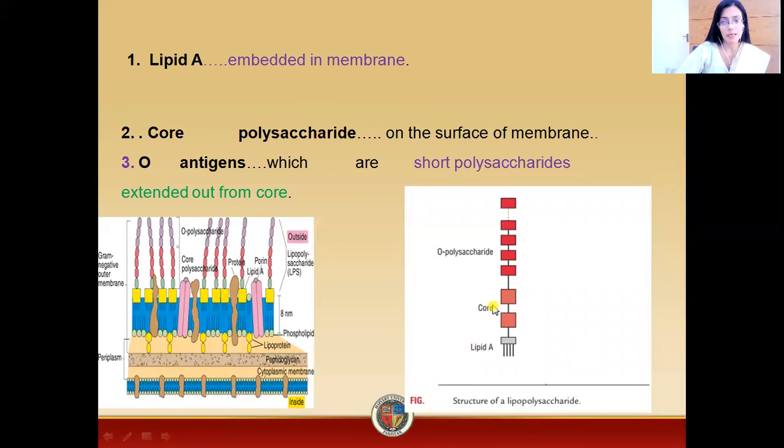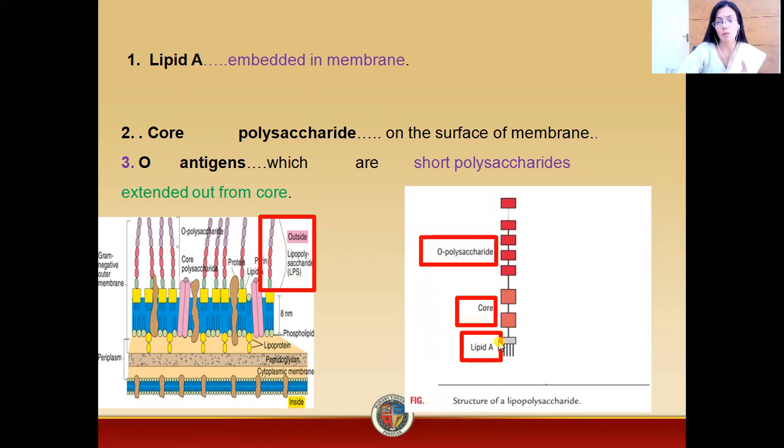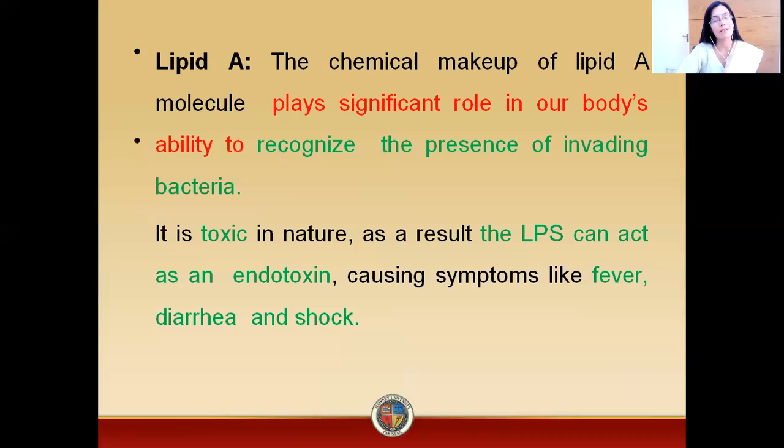Lipid A is embedded in the membrane, while the core is a polysaccharide on the surface of the membrane, and the O antigen, which is made of short polysaccharides, extends out from the core. Here in this figure, this region is representing the lipopolysaccharides. Here we have lipid A, then the core, then the O antigen, also known as O polysaccharide.